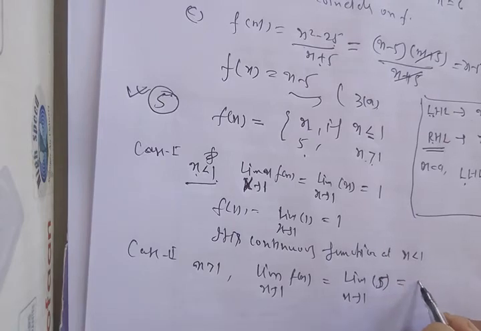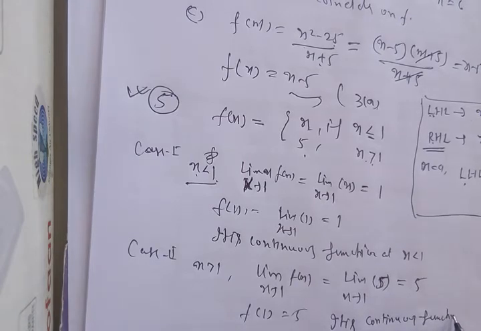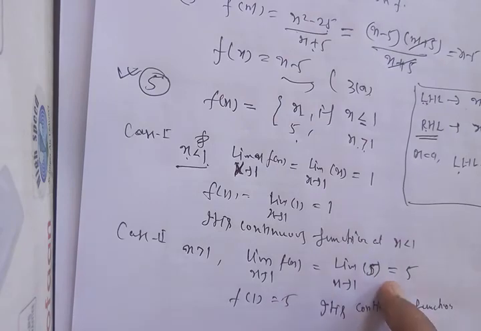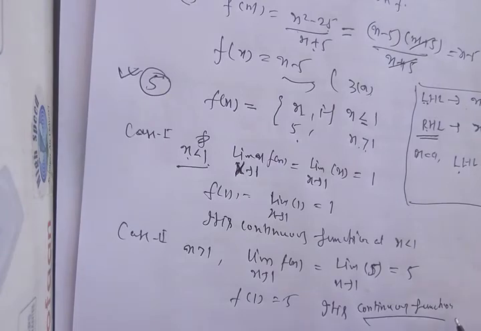So the function of 1 equals 5, it is a continuous function. Or you can directly say it is continuous, because 5 is a constant, and every constant function is a continuous function. Clear. So that is for x greater than 1.